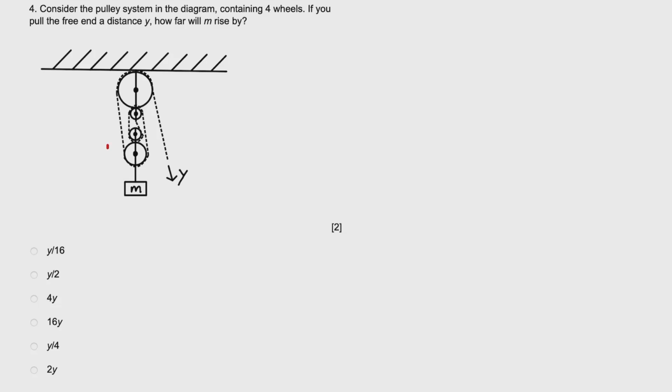We have 1, 2, 3, and 4. 4 strings going across 3 pulleys. This means when the free end is pulled by a distance y, the distance y is shared by 4 strings. We know that the strings should be inextensible, therefore m should rise by y over 4.